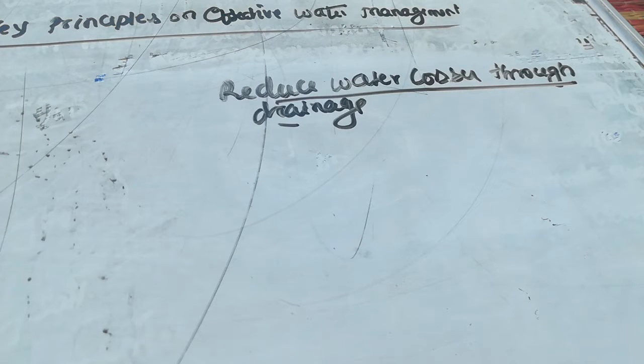Adding compost manures retains the water in the soil. When water drains out of the soil, the nitrogen content is washed out. So we can reduce water losses through drainage.